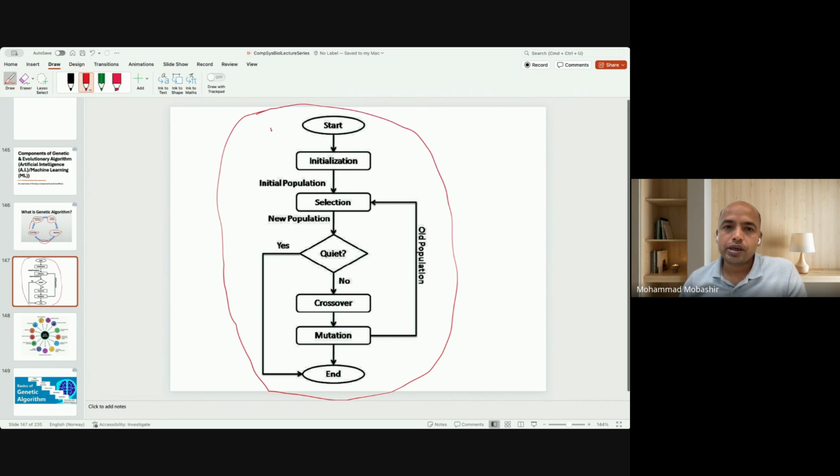For example, here: start, initialization, selection, then the optimization loop or process, and then crossover and mutation. Finally, after complete optimization or saturation of the optimization phase, you go for termination of the process, or ending of the process.